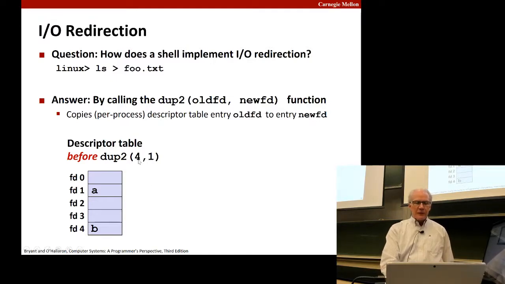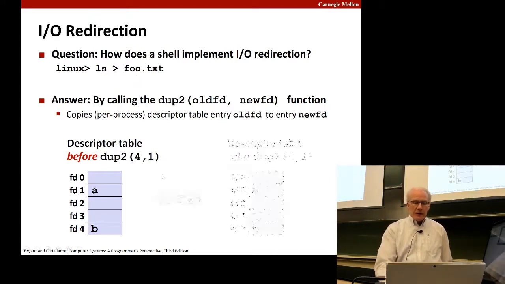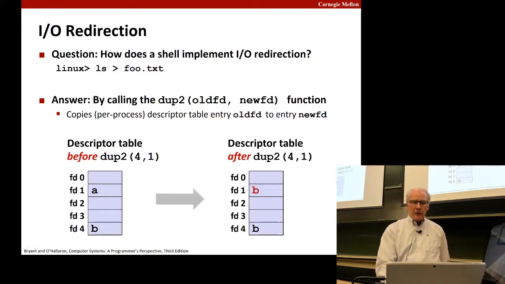So for example, if I say dup2(4, 1), I want to redirect standard output, or file descriptor 1, to be whatever file descriptor 4's file is. For example, it might be an open copy of foo.txt. And so I'll now have two copies of the same pointer into the same descriptor table entry.